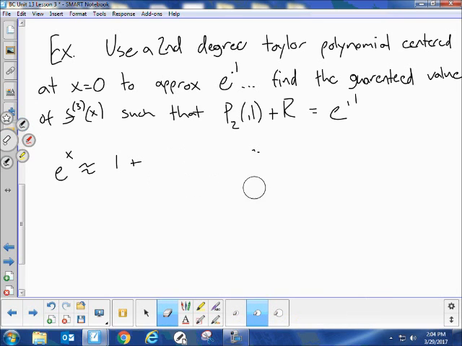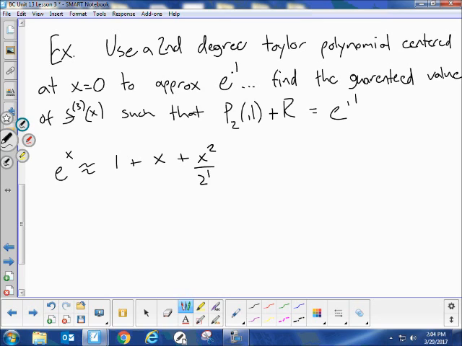But we know that with e to the x, the derivative at 0 is always going to be 1. So 1 plus x plus x squared over 2 factorial. Of course, e to the x is equal to this with the infinite amount of terms after it. But we don't have an infinite amount of terms, so that's why it's just an approximation.